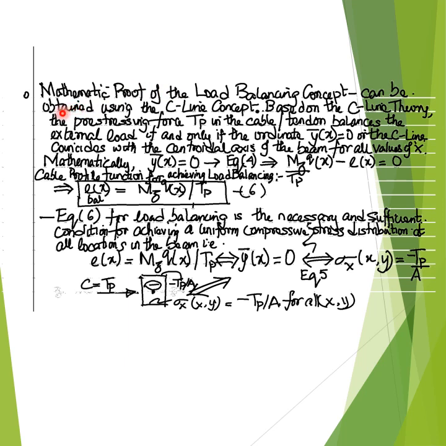Based on the C-line theory, the pre-stressing force Tp in the pre-stressing cable or tendon balances the external load, for example the UDL Q in case of the simply supported pre-stressed concrete beam subjected to a uniformly distributed load of intensity Q, if and only if the ordinate or the height of the C line, denoted as y over bar, expressed as a function of x, is 0 at all locations, that is, at all cross sections of the pre-stressed concrete beam for all values of x.